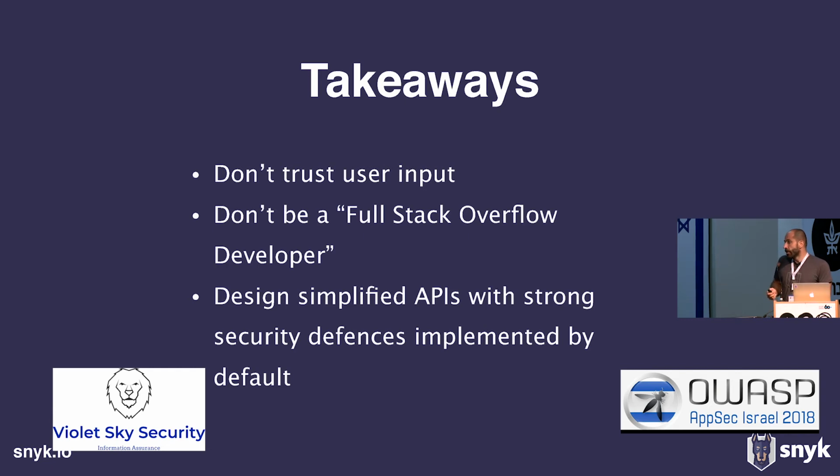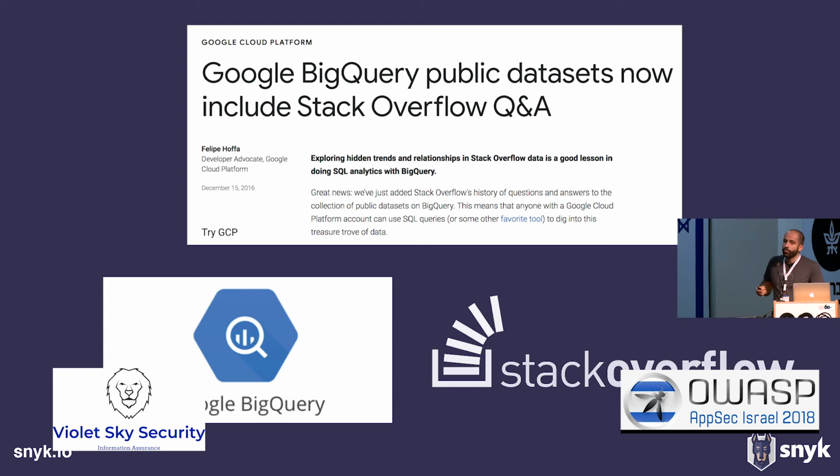And finally, there is a lot of interesting data you can dig into in your research. All the data from Stack Overflow is actually in Google BigQuery. I encourage you to check it out.